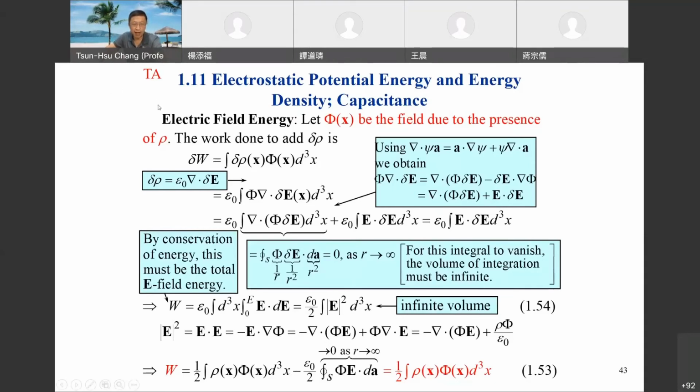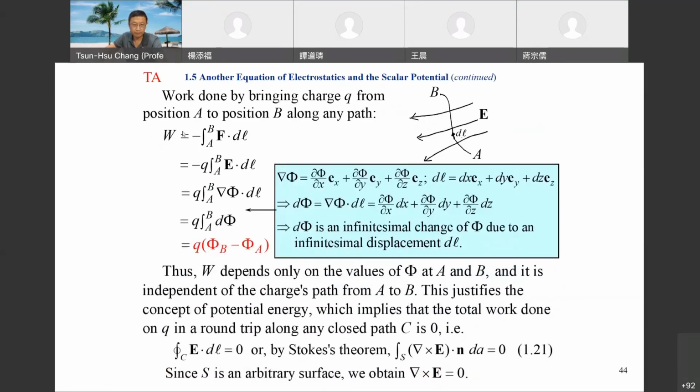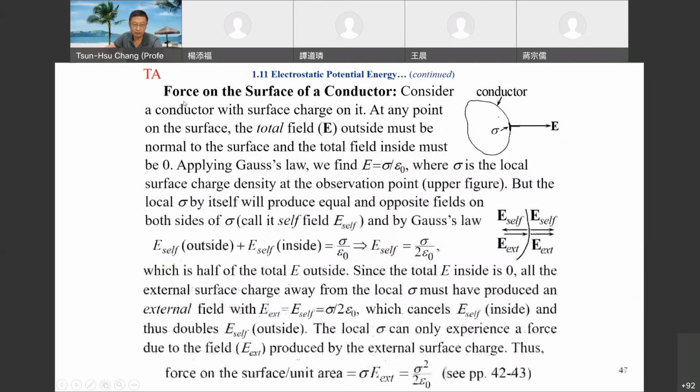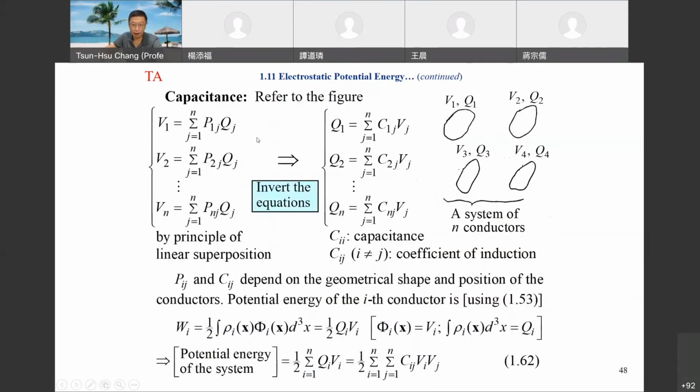If the TA have time, he can tell you how to derive this equation, and the derivation is actually quite simple. You can solve it by yourself. You can read by yourself. You should start to help yourself. Self-learning is quite important. Okay, let me just tell you, in terms of electrostatic potential and energy, an alternative derivation. Just to tell you the capacitance.